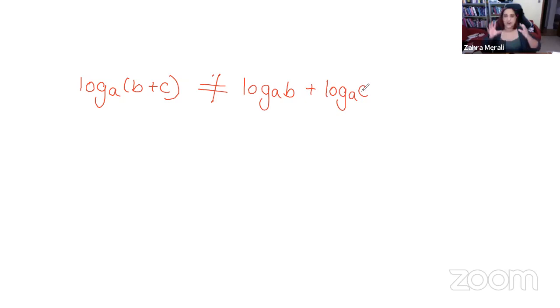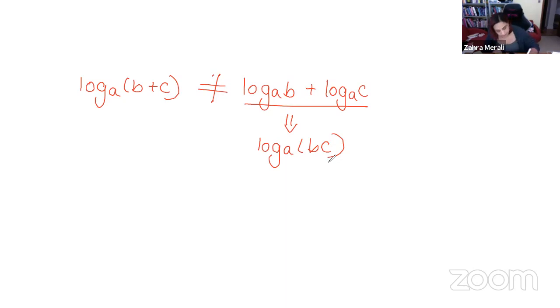So you can't open out the bracket like that, because remember, the correct thing for this is the base is the same, which means you can multiply it together. So it's log a of bc, which is not b plus c. Okay, so that's the first thing, don't ever do that.